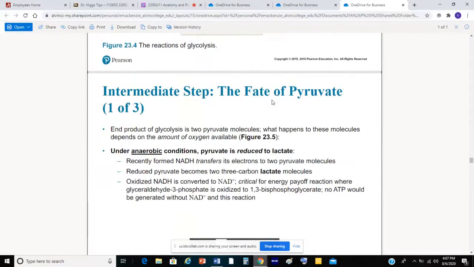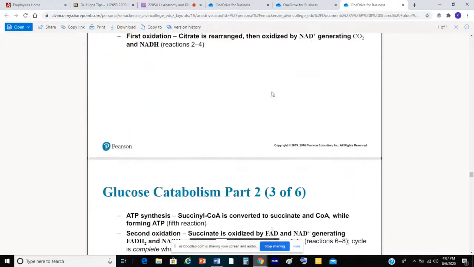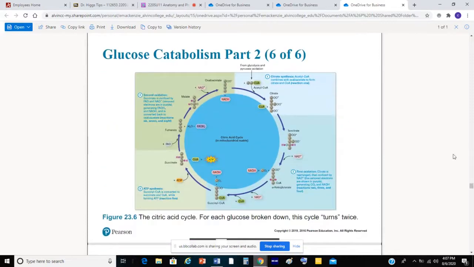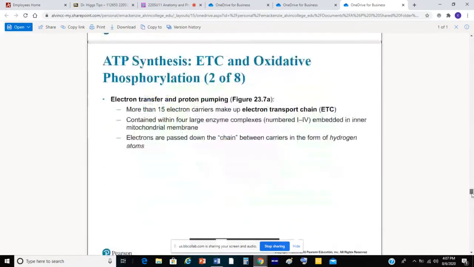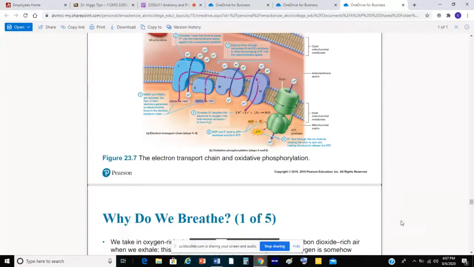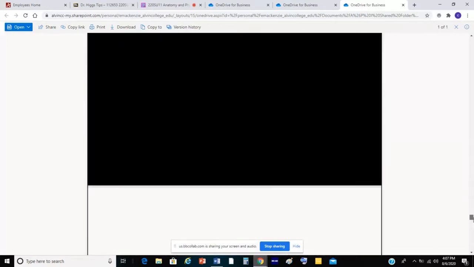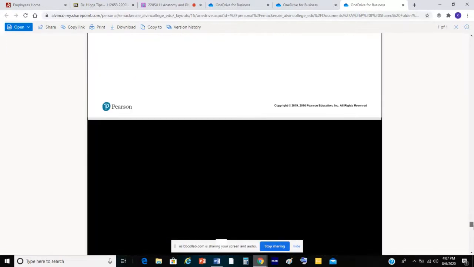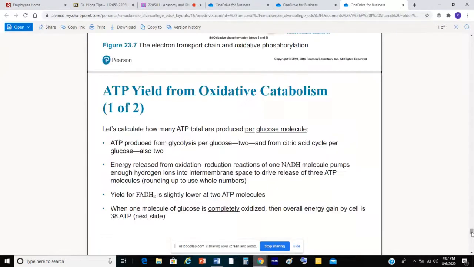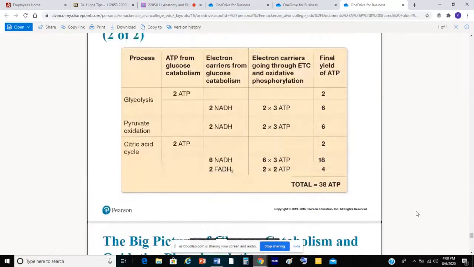Go into the summary chart for glucose catabolism. There it is. All right. So here's a little summary chart.